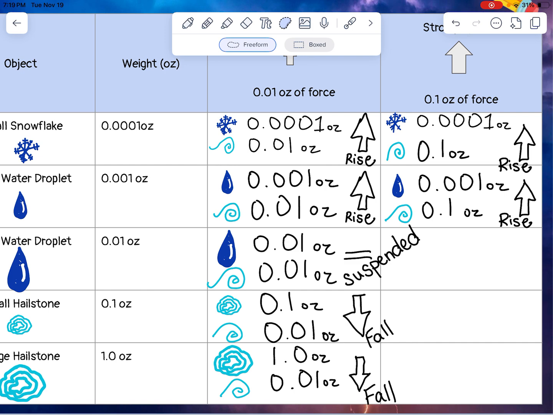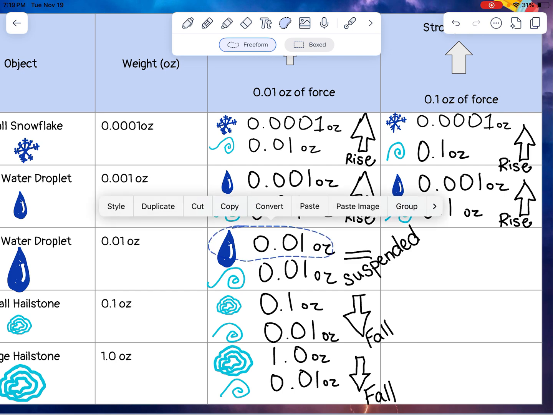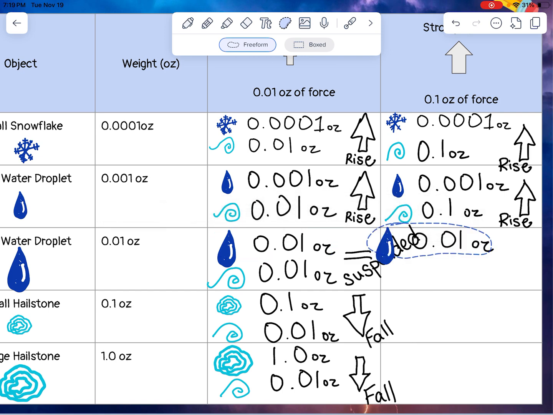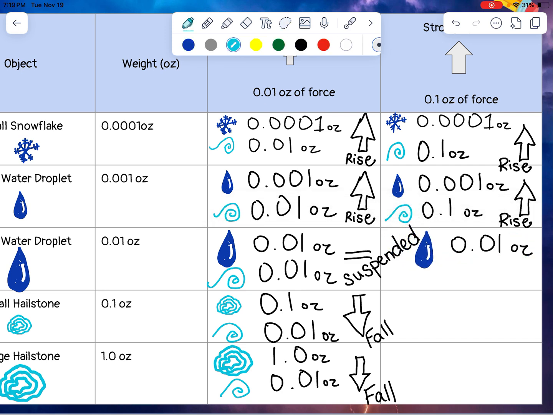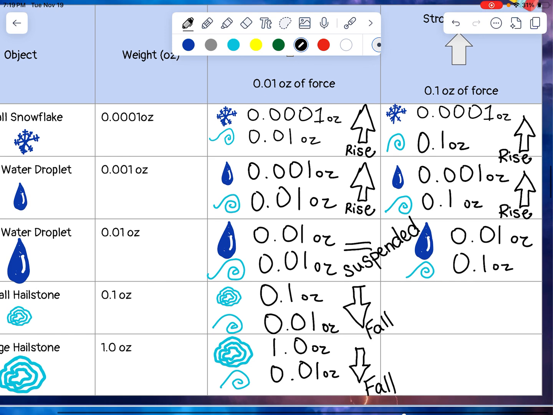So far, I'm going to go ahead and think there's a lot of rising, but let's see. The large water droplet compared to the strong updraft, 0.1 ounce of force. That's rising as well. Sorry, this is getting a little squish-squash. We'll do our best, okay?